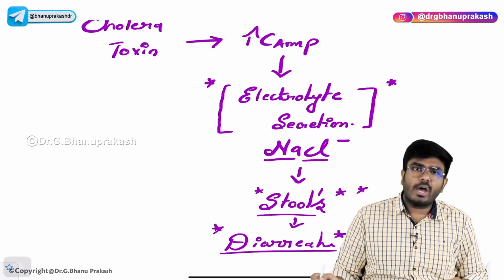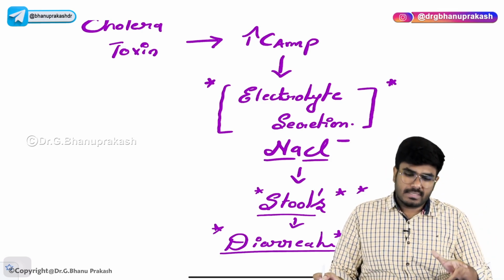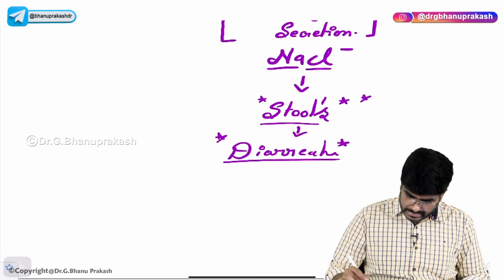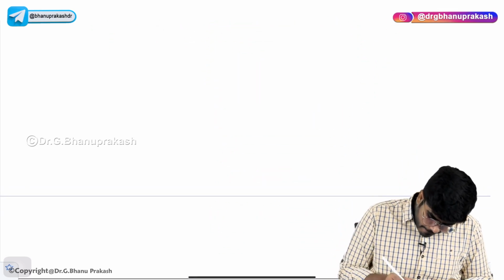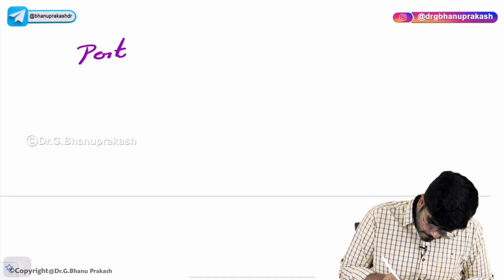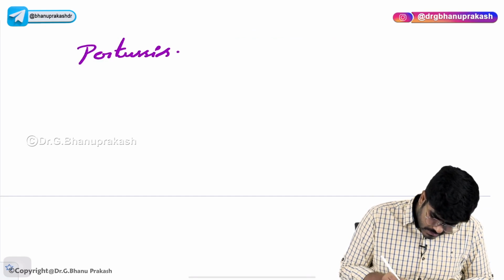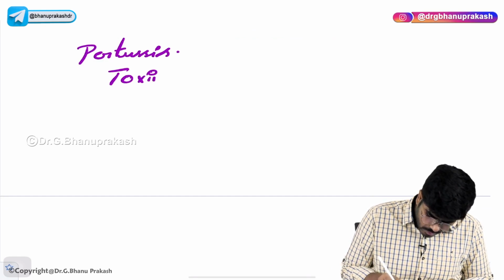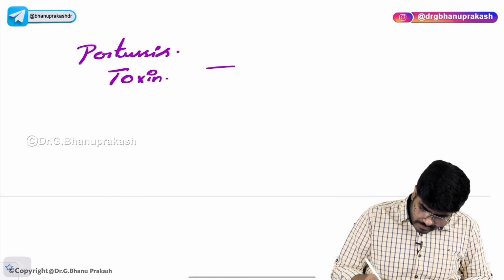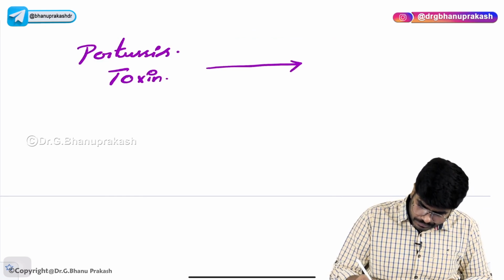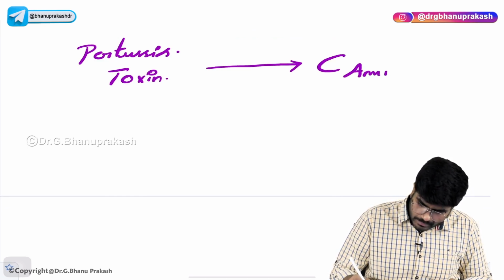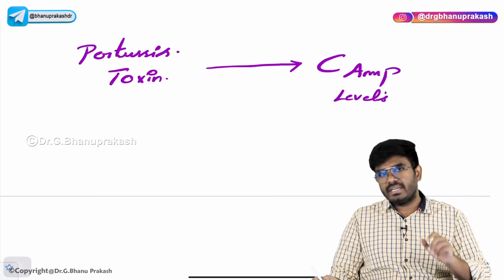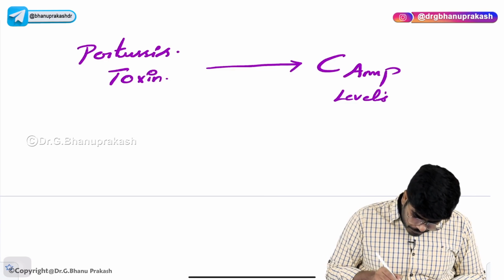In the same way, almost just like this, pertussis toxin will also act. Let me write it down here, guys. Pertussis toxin will also increase the cAMP levels, but here the mechanism is a little bit different. Let me show you.